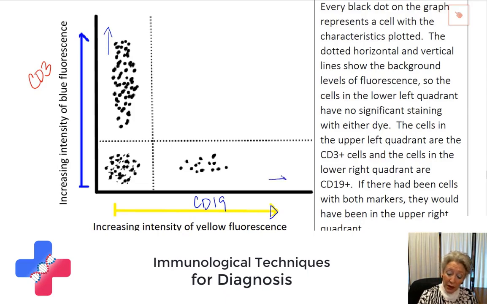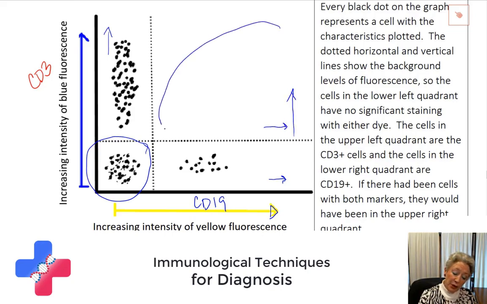The most brightly yellow cells are far to the right of the x, which means that my cells that are falling beneath the background level of the standard non-label wearing cells in the mixture are going to be found in the lower bottom quadrant, lower left. And if I had cells that were brightly colored both with blue and with yellow, they would be in the quadrant that is in the upper right.